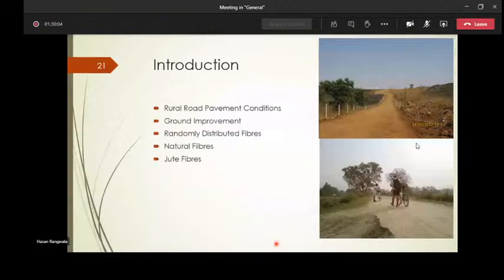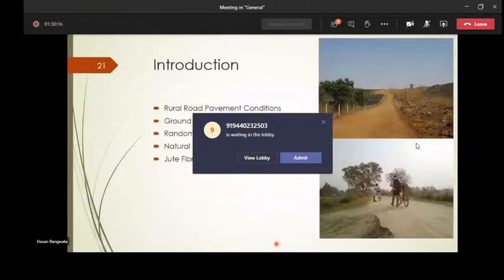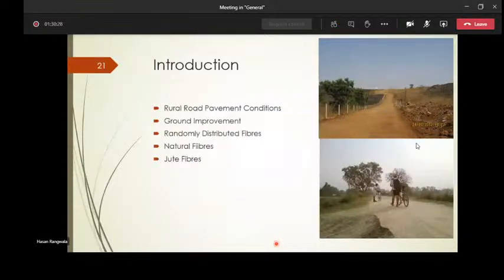Okay, and if you go to the urban areas, your subgrades are a soil layer. So in both cases, what you have is a simple soil pavement made up of just simple available soils. Okay, in the rural road pavement.